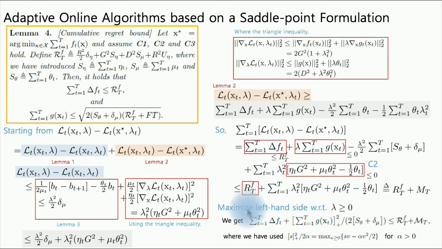Finally, when maximizing the left-hand side with respect to lambda, we get this formulation, which enables us to deduce the upper bound of g of xt like this.